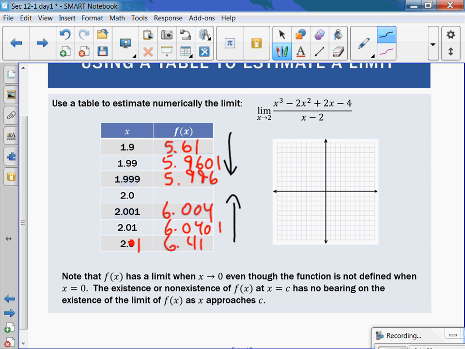Hopefully it's clear to see, as x is approaching 2, where my function is going. Absolutely. Once again, we can take that 5.996 plus 6.004, add it, giving us 12, dividing by 2 for the average, giving us a value of 6.